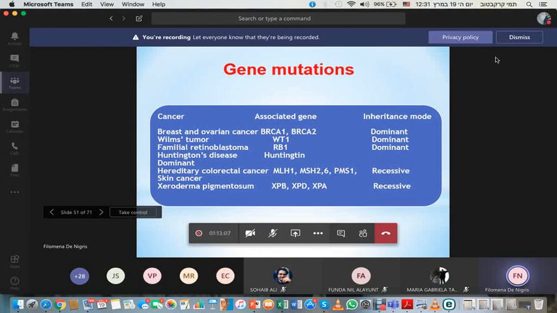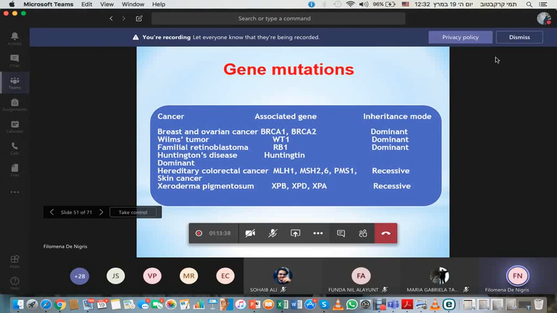If in family history there is breast cancer, we can ask for BRCA1, BRCA2, and if we observe mutation by RT-PCR and direct sequence, the guidelines indicate that the patient can have surgery before the tumor develops disease.